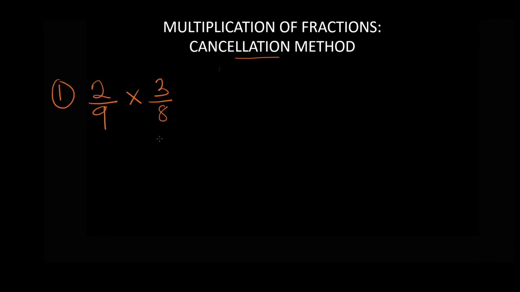Then you can multiply the numerator out and also the denominator out. Let's look at a series of examples right here to better understand these concepts.